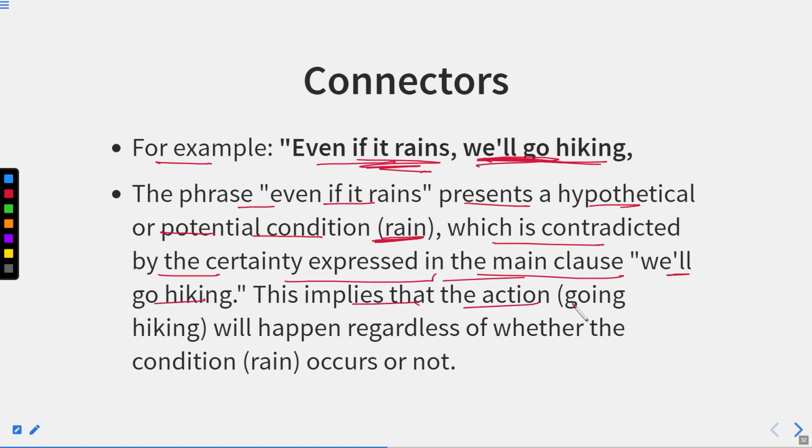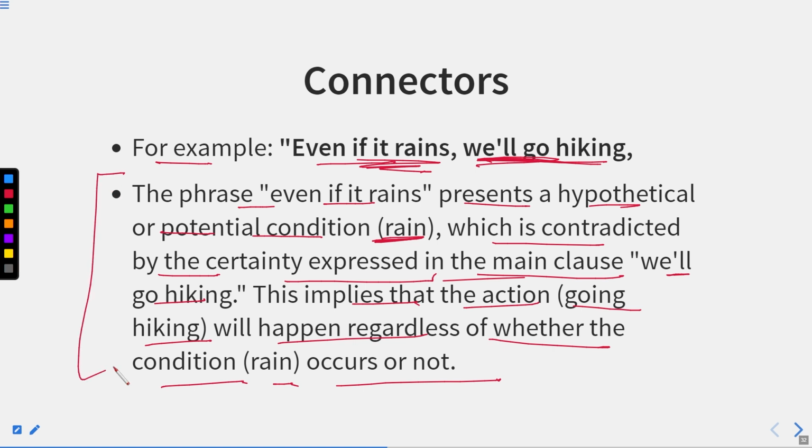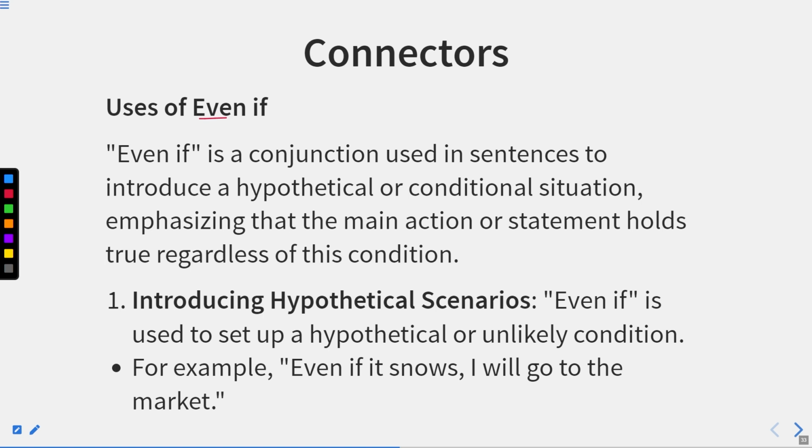This implies that the action, going hiking, will happen regardless of whether the condition, rain, occurs or not. So here we can see the situation which is adverse and the unexpected or positive outcome regardless of that adversity.